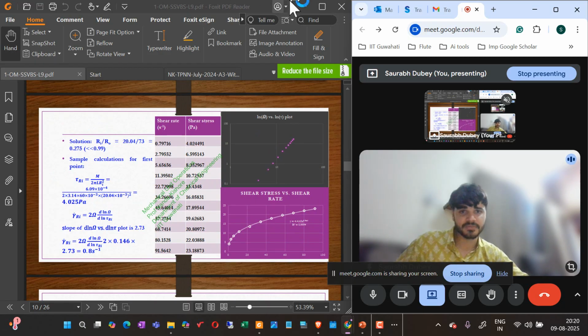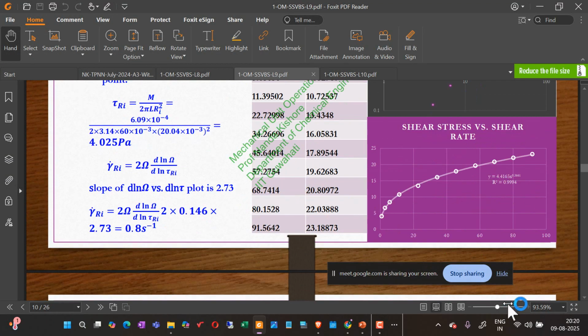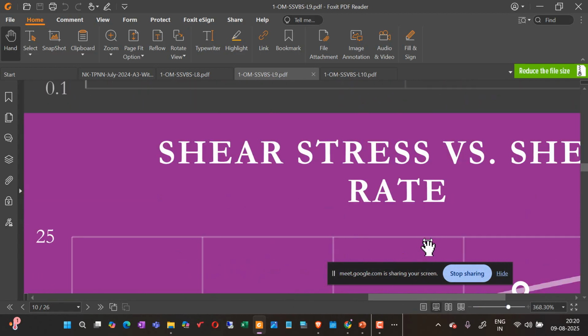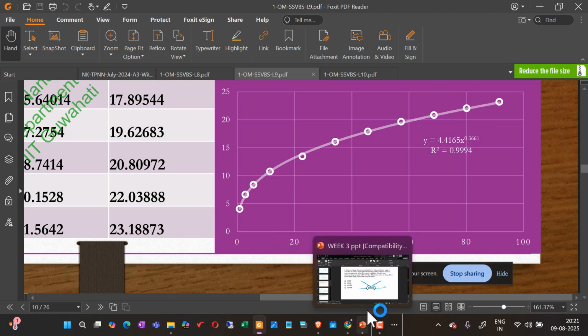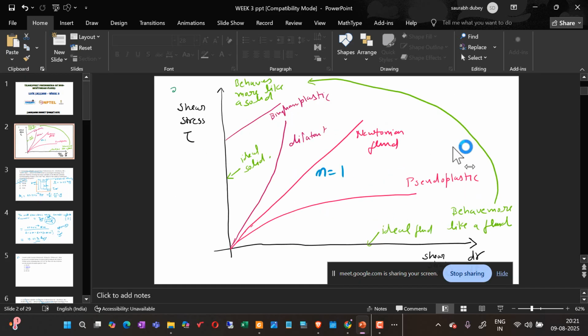Looking at this shear rate versus shear stress curve, we can see that these curves are non-linear, so it is not a Newtonian fluid. And if you compare this particular curve with the different conditions that we have here, you will come to know that this is a pseudoplastic fluid with n value less than 1.